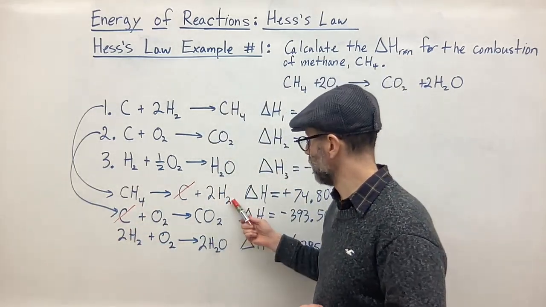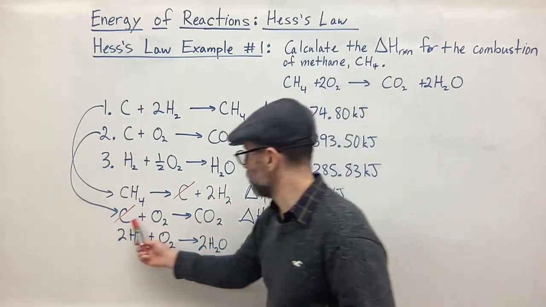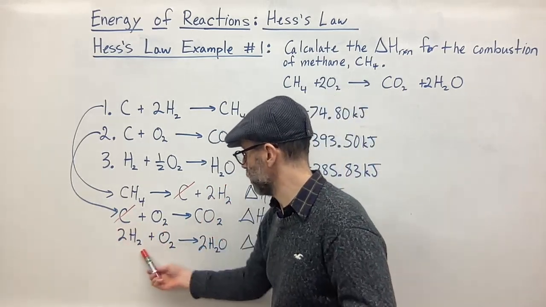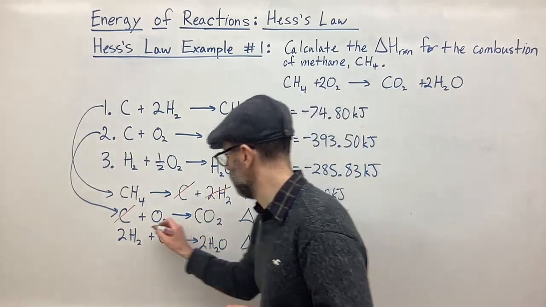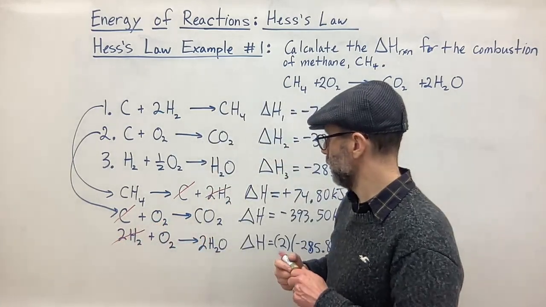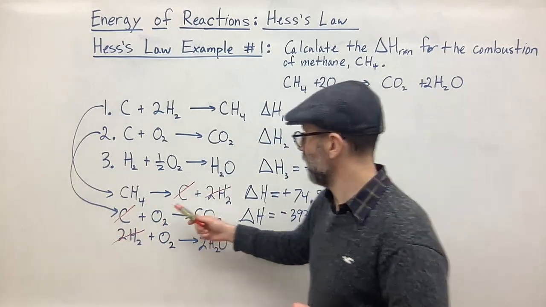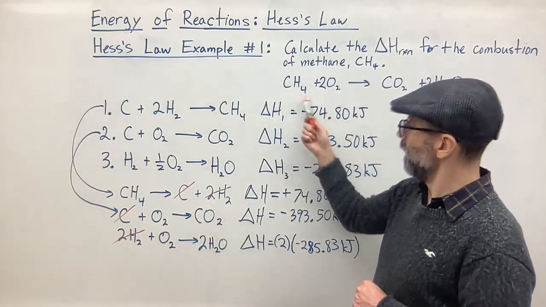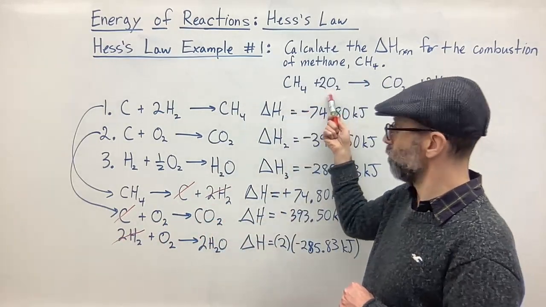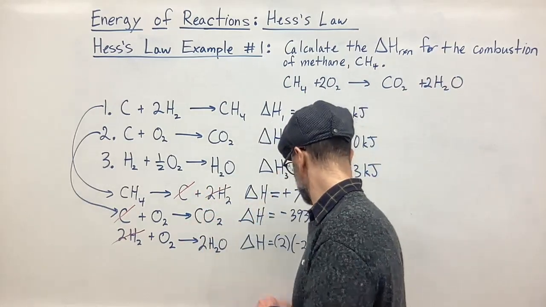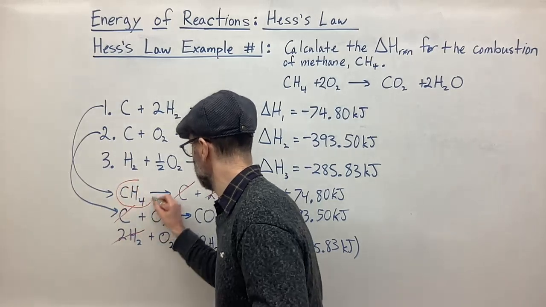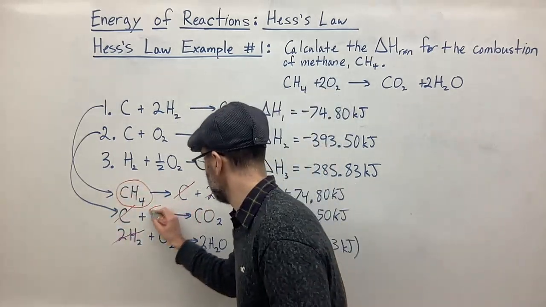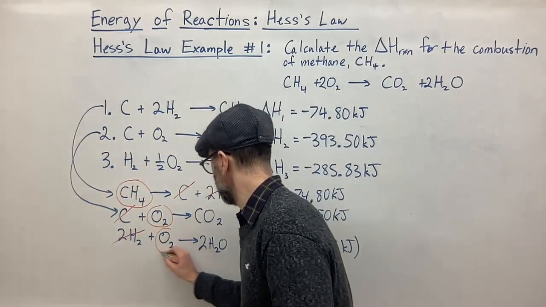And I have two H2s here, but I also have two H2s here, as a reactant and as a product. So those can be eliminated. And you'll see that on this side, I want CH4 and 2 oxygens. So I have CH4 here, and I have oxygen and oxygen.